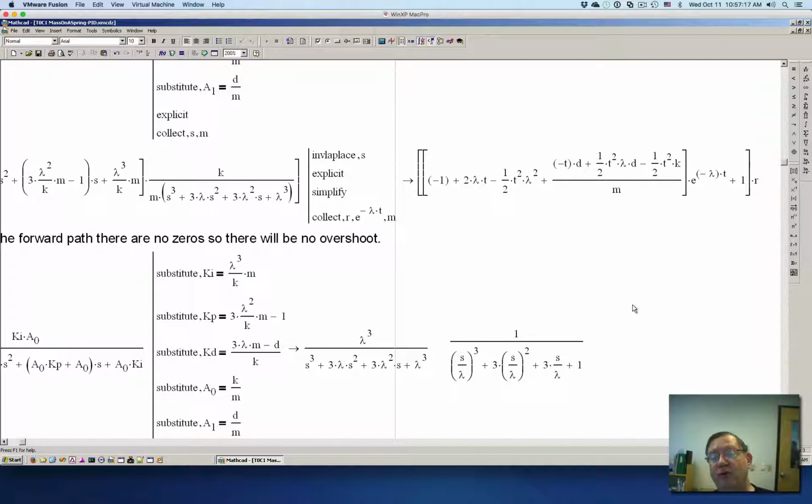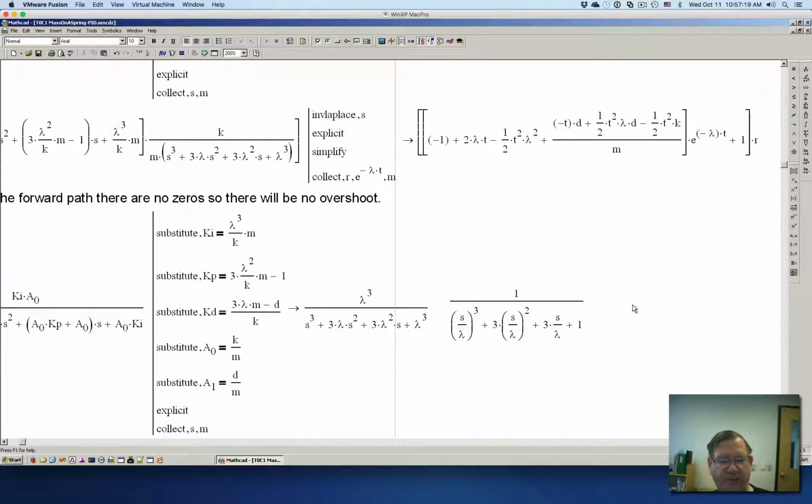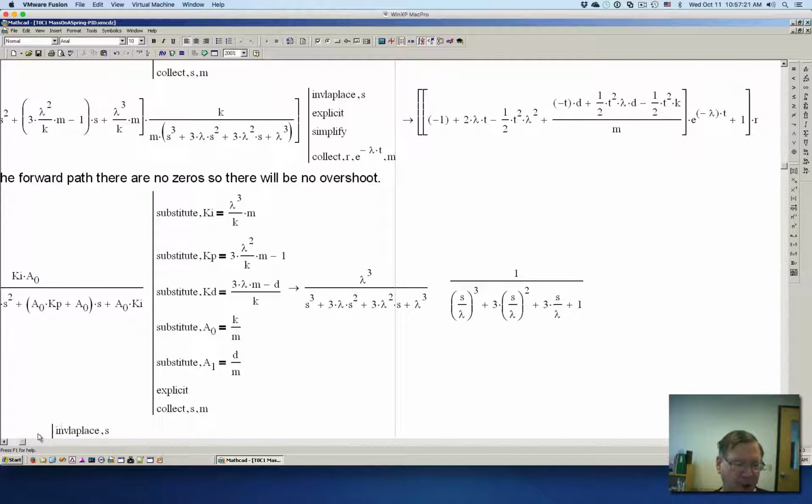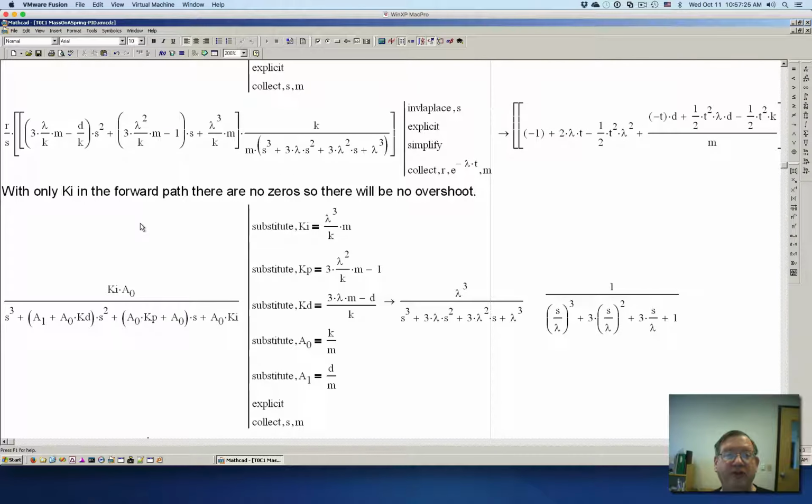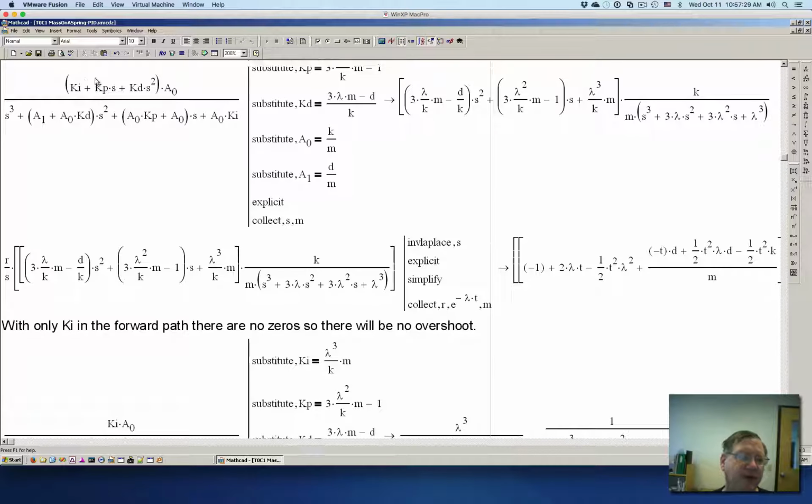Now, to avoid overshoot, what we need to do is remove the proportional and derivative gain from the forward path. So let's just take a look at this. This is the forward path gains, and these are the backward path gains, or the feedback path.